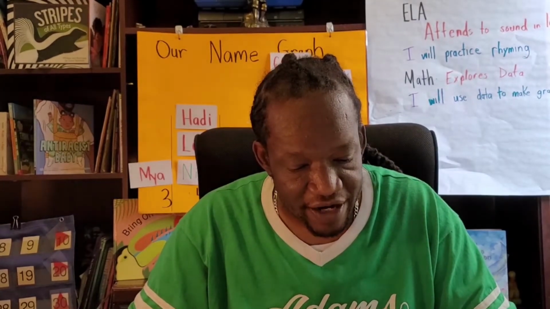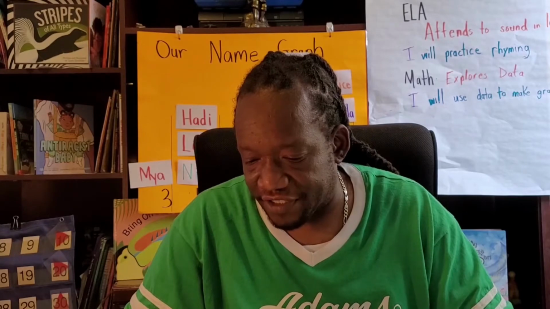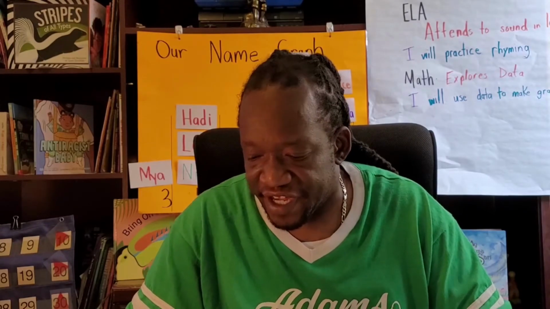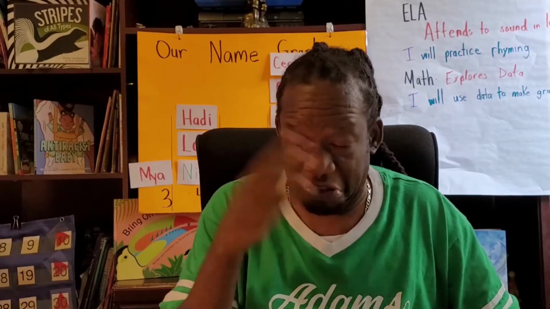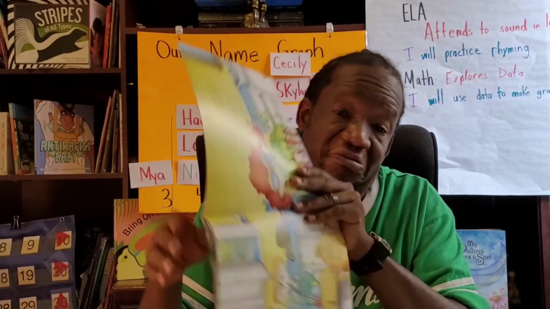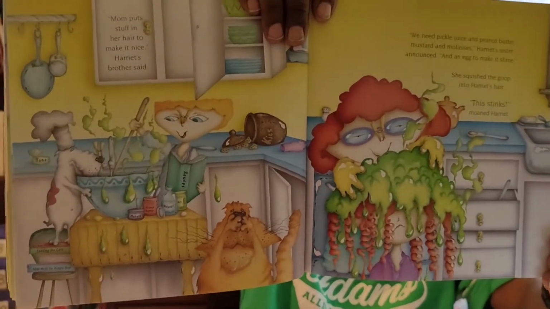"Mom put stuff in her hair to make it nice," Harriet's brother said. "We need pickle juice and peanut butter, mustard and molasses," Harriet's sister announced, "and an egg to make it shine." She squished the goop into Harriet's hair. "Ugh, this stinks," moaned Harriet.